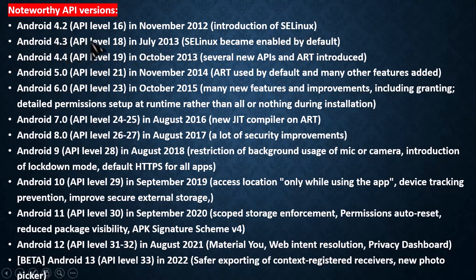Android 4.3, API level 18, in July 2013. They introduced Security-Enhanced Linux, which became enabled by default. These are different features that came with each different version of the app. We have Android 9 up to Android 13. So I think that's where my slide stops.